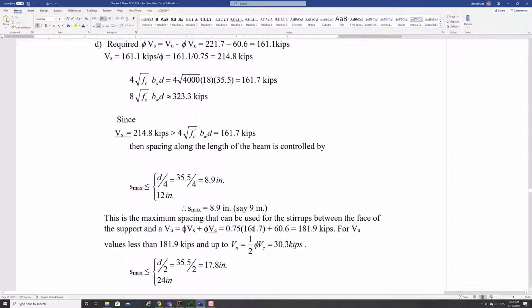So that's the 4 value. We multiply by the phi factor, then we add the concrete. Then this number right here represents the number where we can stop using this 8.9, because at this moment your shear now, your phi Vs, is exactly equal to 4 or less.